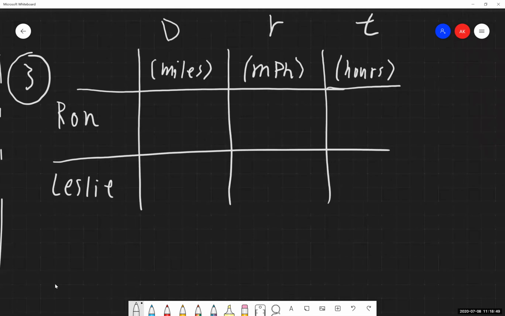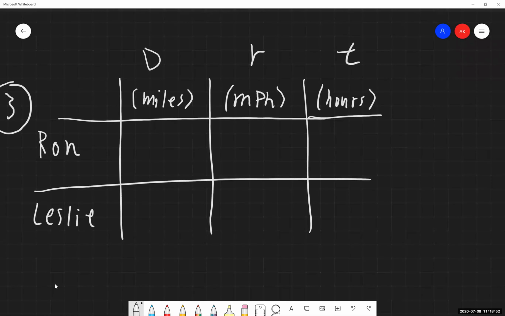So we're going to fill in the information that we do know in this problem, and then we're going to start filling in the rest and maybe making visuals to help us out. Reading the problem again, Ron and Leslie leave Pawnee City Hall at the same time. Ron drives west at a speed of 72 miles per hour, and Leslie drives east at a speed of 76 miles per hour.